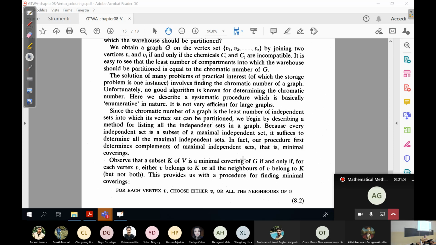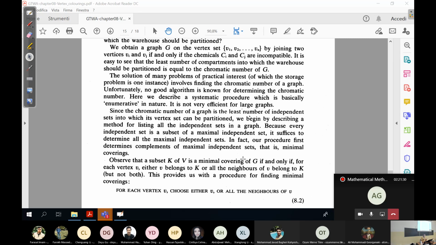Okay, that's all for us. They put it here because this is part of coloring a graph. But in this moment we are not interested in coloring. We are interested in this: I have a graph, I want to find all maximally independent sets. How do I do it? By finding all minimal coverings.